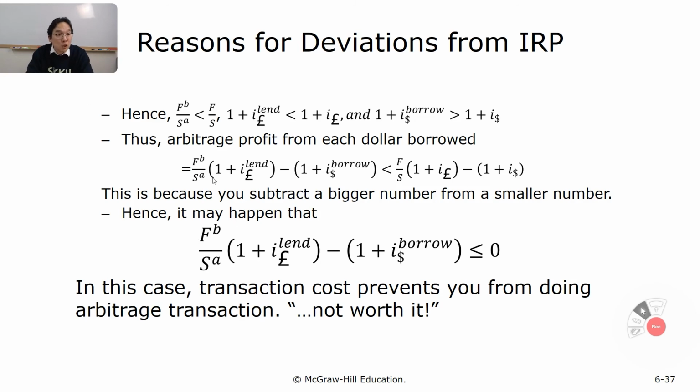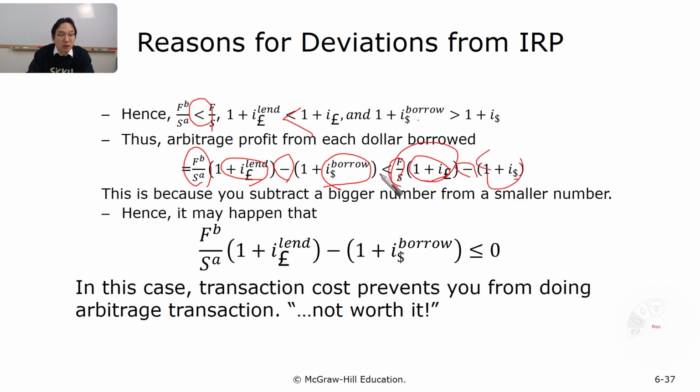This term is smaller, and that term is smaller. And on the other hand, after subtraction, this one is bigger than that one. So you are subtracting a bigger number from a smaller number, and you will end up with a much smaller number over here. Okay?